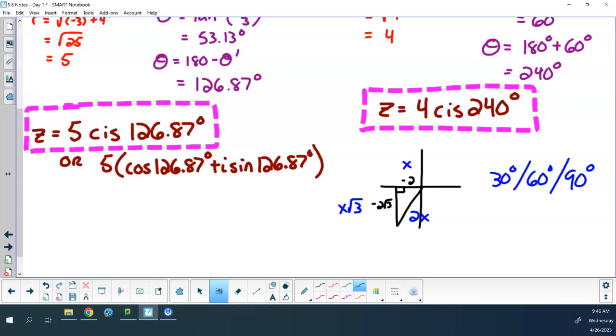So you could have seen that that was a special right triangle and done that. Now, I don't expect you to remember that. That's why I showed it the other way first, the long way first. If you remember the shortcut, more power to you.